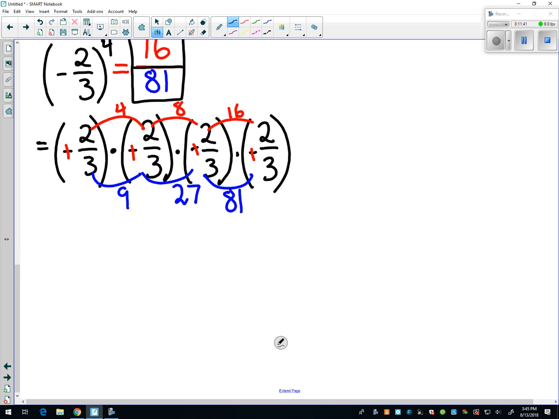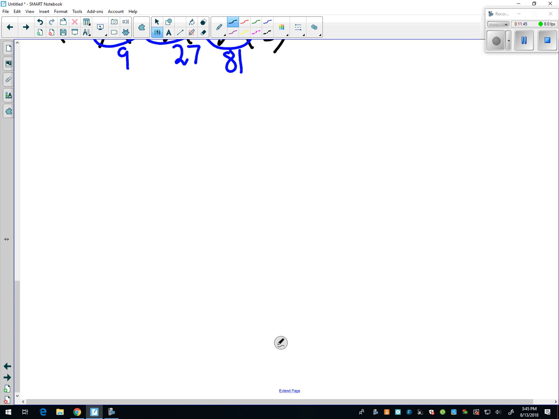All right. Next example. Evaluate negative 2 to the 6th power.